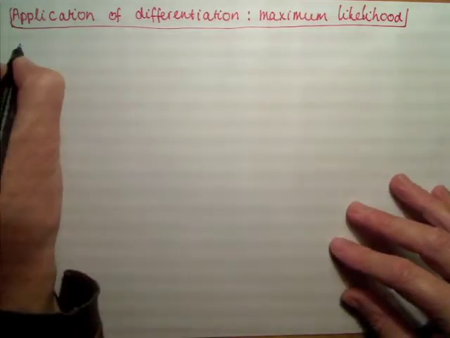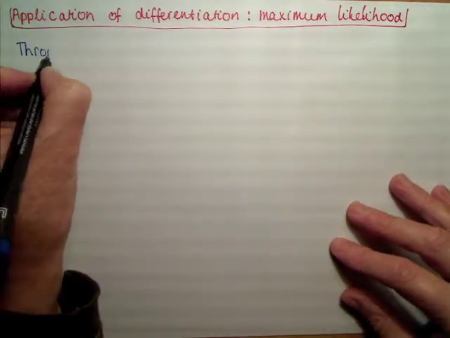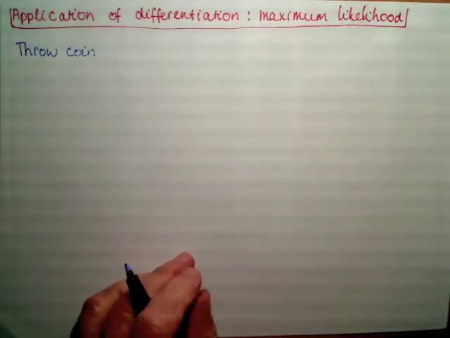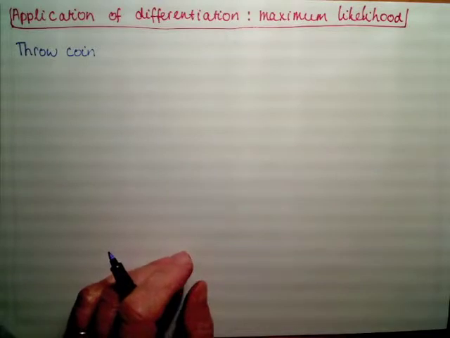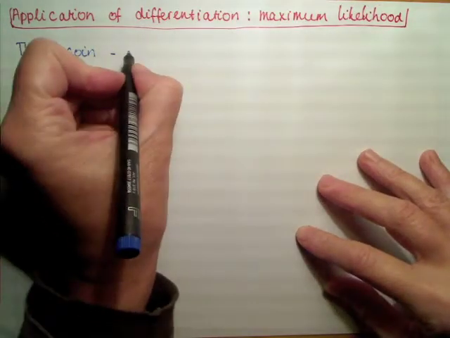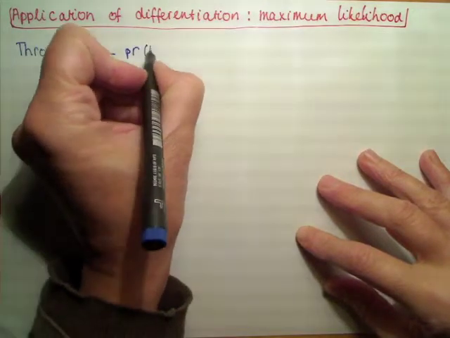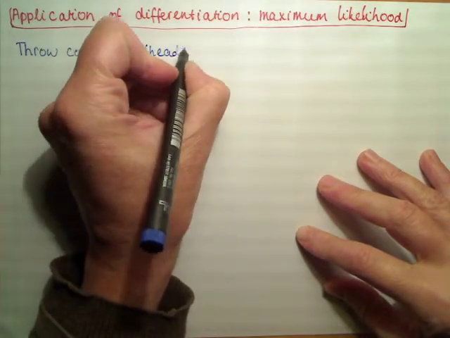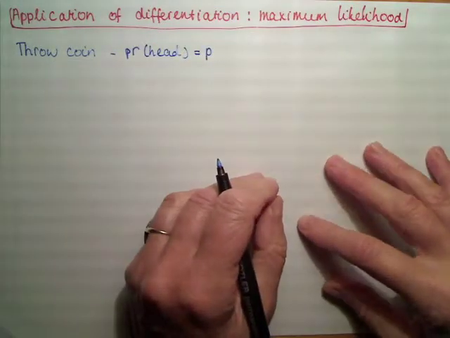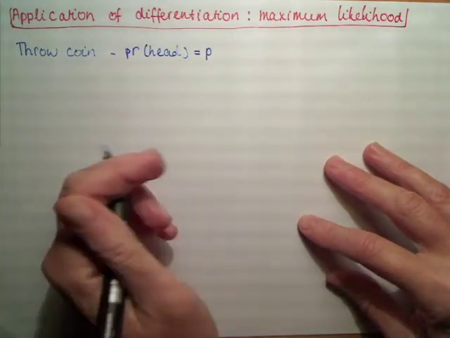It's the following situation. So we throw a coin, and we already did it before, but then we threw an unbiased, so-called unbiased coin, where the probability of head is 1/2. But now we have a biased coin, and the probability of head is equal to p.